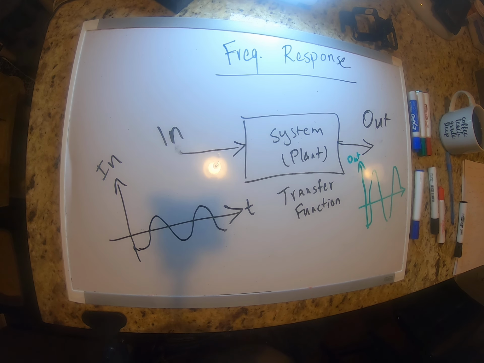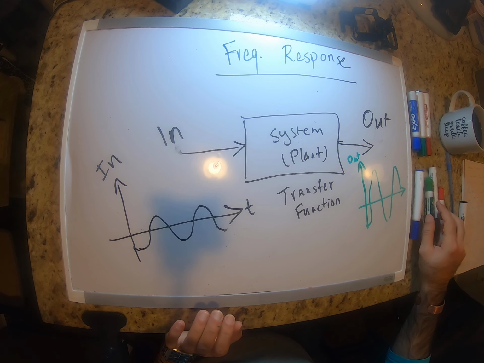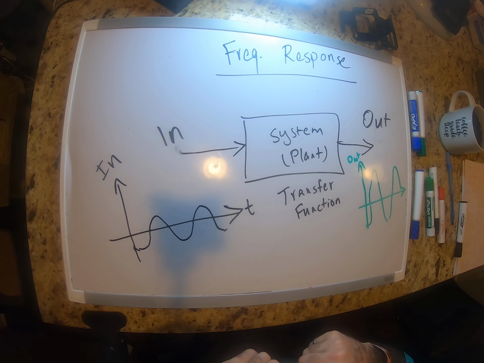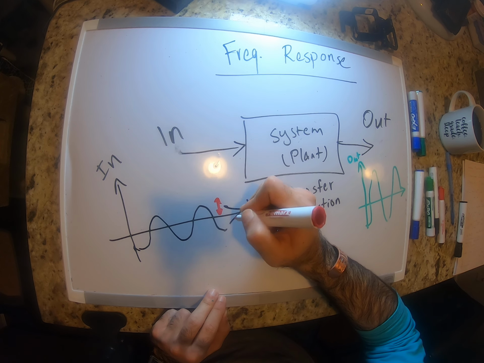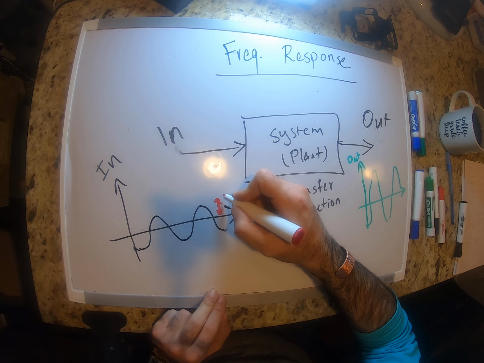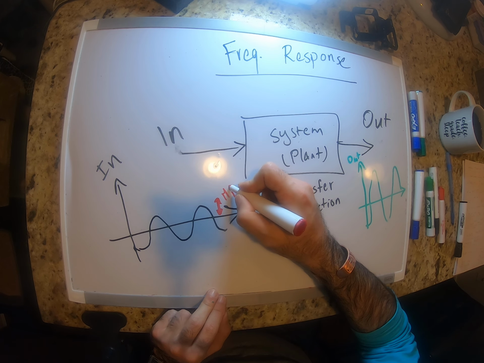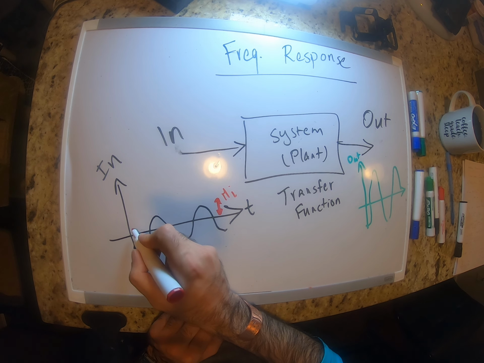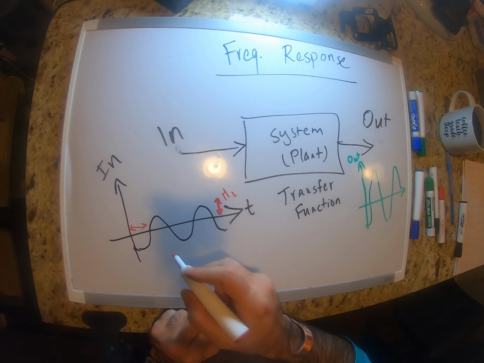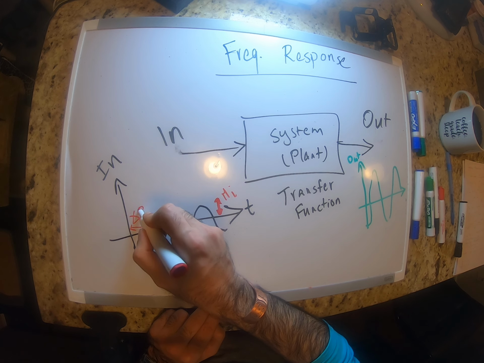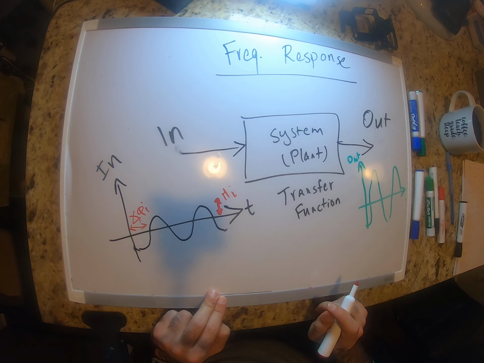If you remember, we call this one the magnitude of the signal, so let's call this M of I. And this is how much phase shift this sinusoid has.